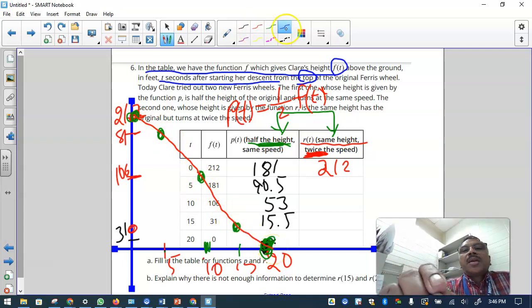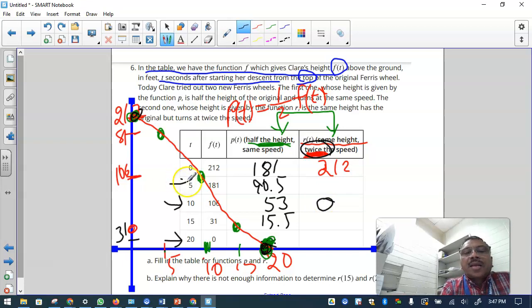And now because it's going at twice the speed, 212 starts at that point, and now instead of 20 seconds, it will reach in 10 seconds. So it will reach back home, 0, in 10 seconds only. So this will be 0 here. And in 5 seconds, it will be the same as what it was at 10 seconds. So 10 seconds was 106, so this becomes 106.